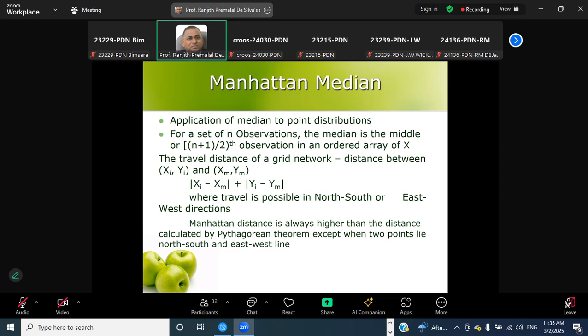So if you take this example, n plus 1 divided by 2 observation, if n is an odd number, you add 1, it becomes an even number, you can divide by 2.